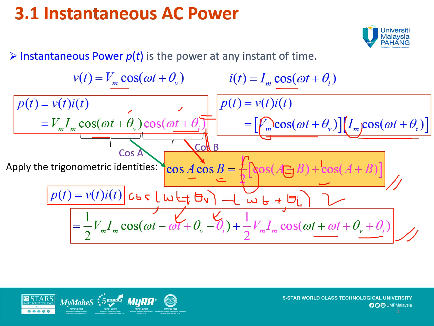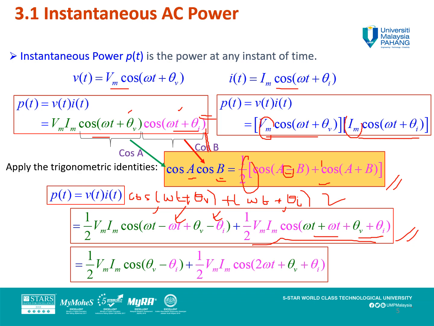Okay, so when you do the addition for this second part, so half, remember half again, you rearrange back the equation, so ωt plus ωt, you get ωt plus ωt. So θv plus θI, you get θv plus θI here. So the next equation, subtraction, you get minus here.